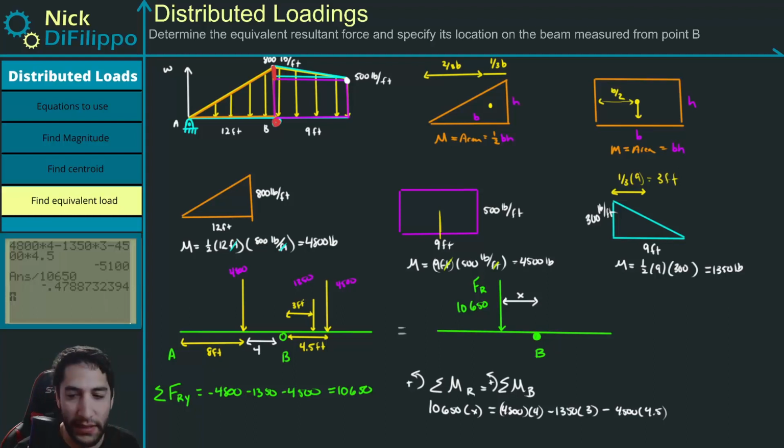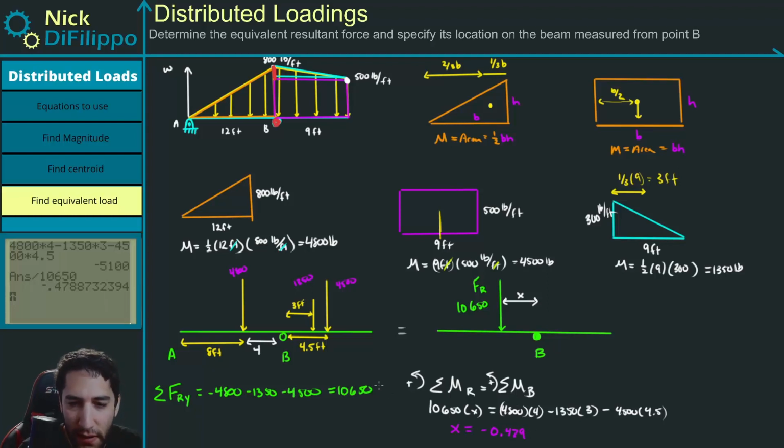I want to divide this by 10,650. And I get that x is equal to minus 0.479.